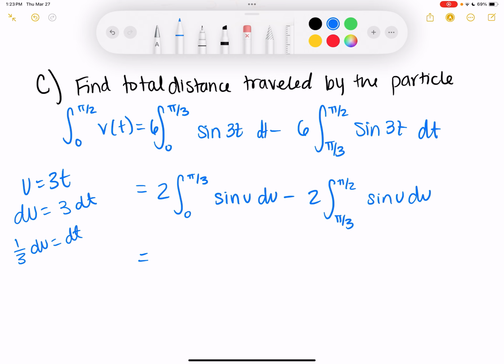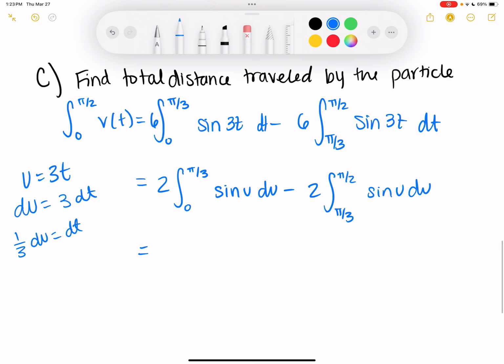So I've got 2 times, what is the antiderivative of sine of u? Negative cosine. Yep, so I'm going to put the negative out front.